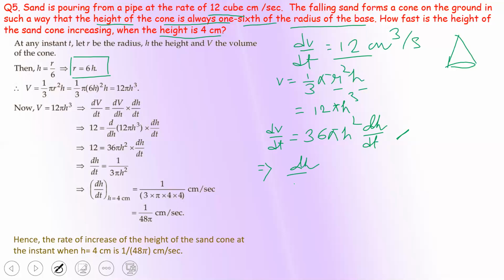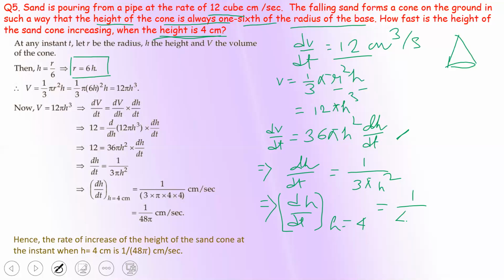So what is dh dt? 1 by 3 pi h square. Now here h is given 4 centimeter. So what is dh dt for h is equal to 4? So your answer is 1 upon 48 pi centimeter per second. Here is the solution. You can check.